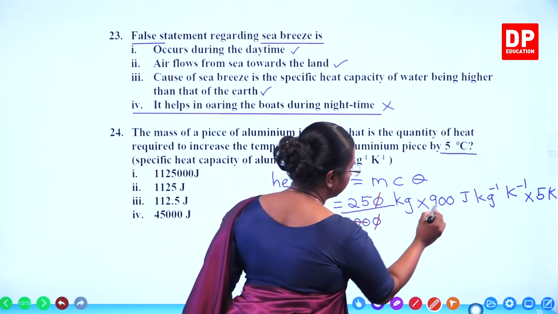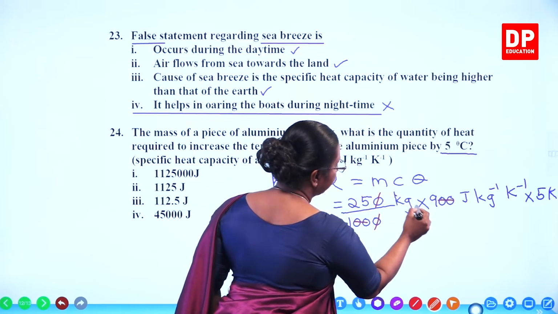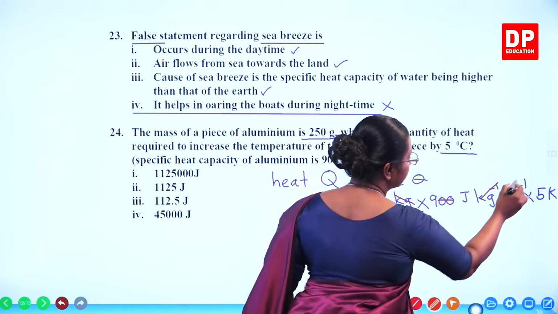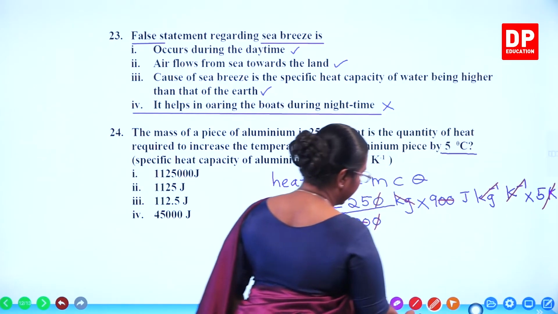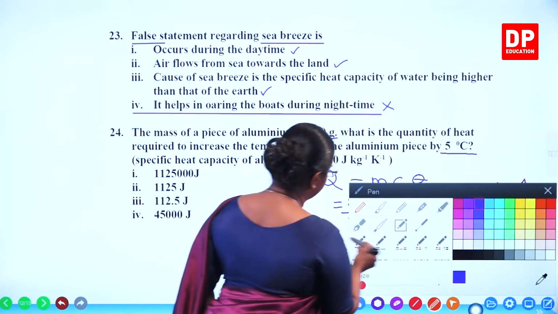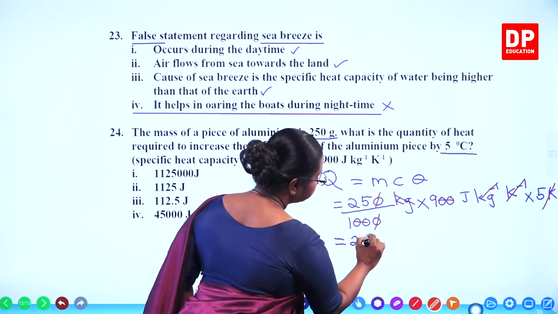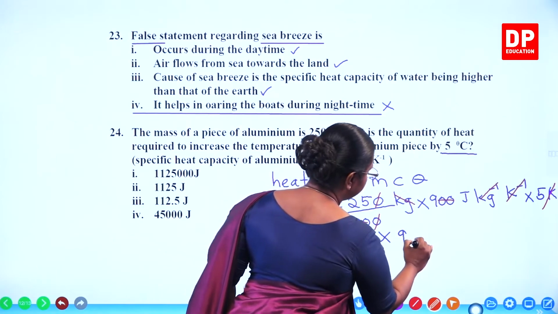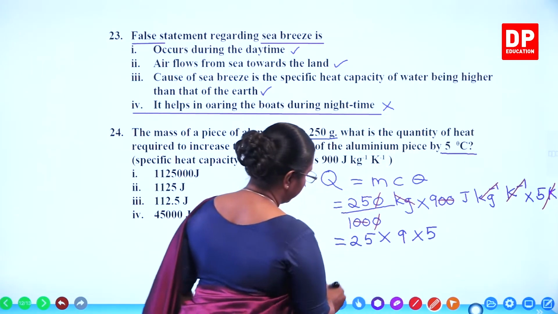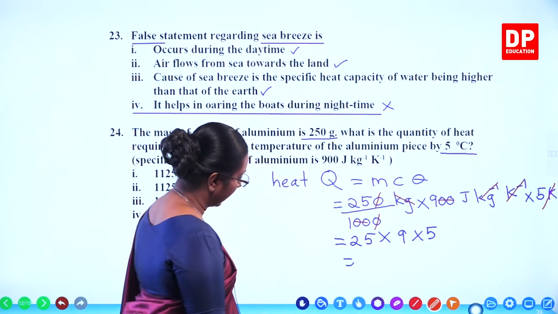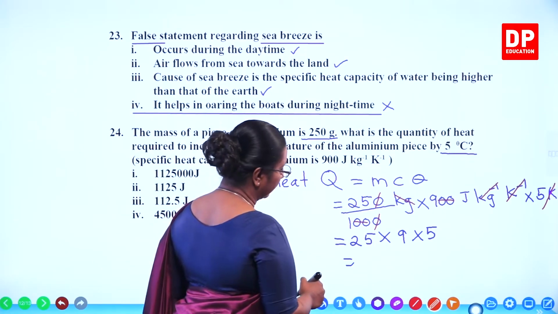The zeros cancel, then we have kilogram and kilogram minus 1, Kelvin minus 1 and Kelvin. So you will get 25 into 9 into 5.